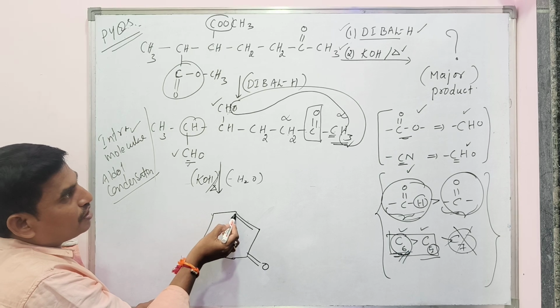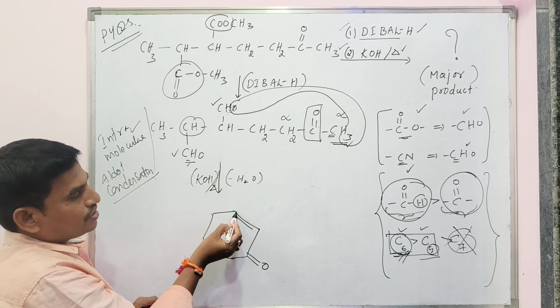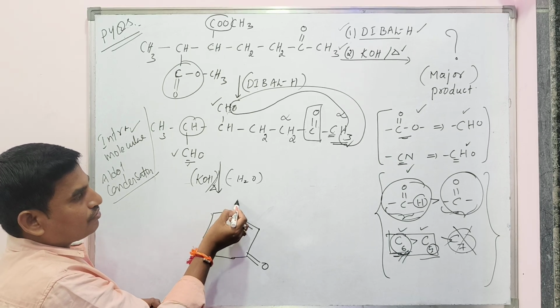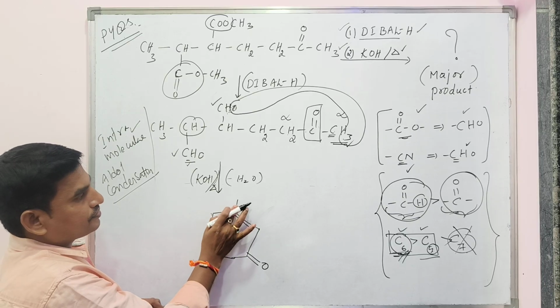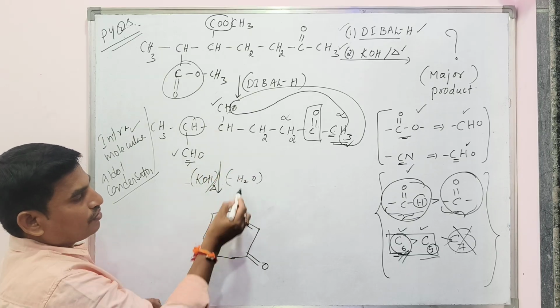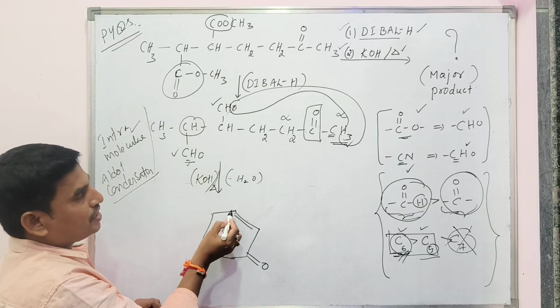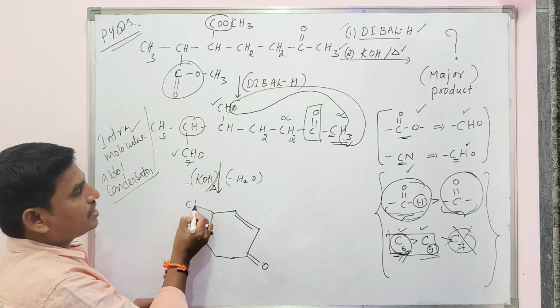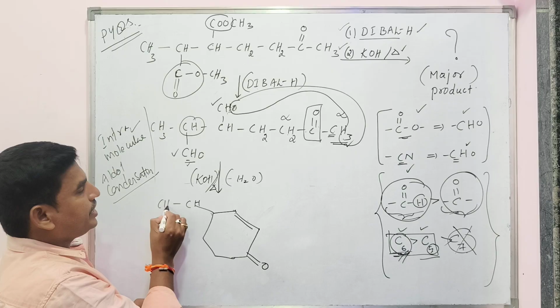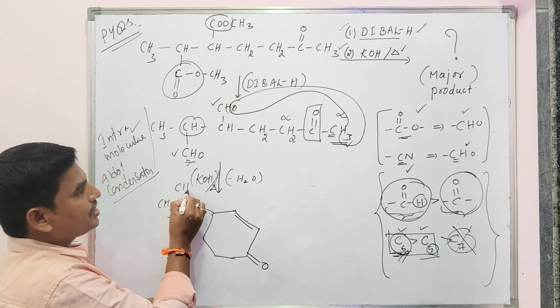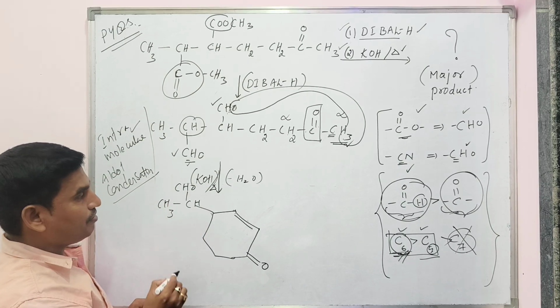Now here the double bond O forms the 6-membered ring. So in the 6-membered ring, the adjacent groups will be CH, CH3 and CHO. This is the major product.